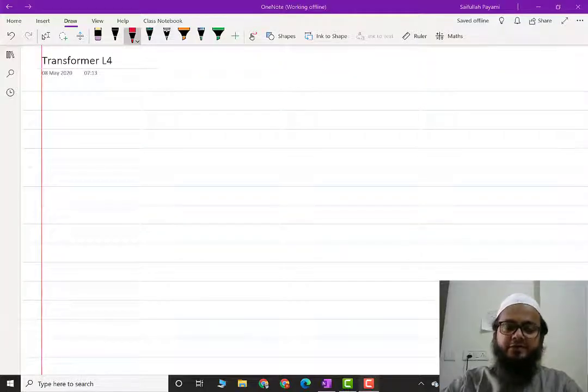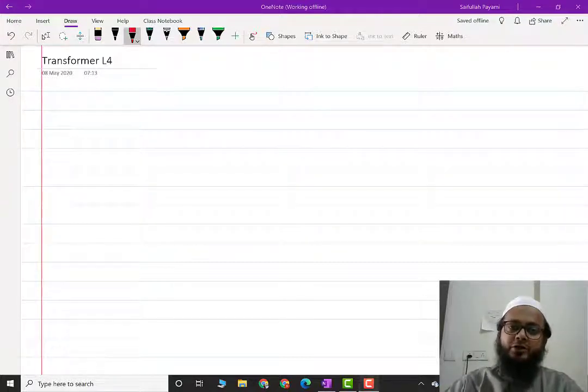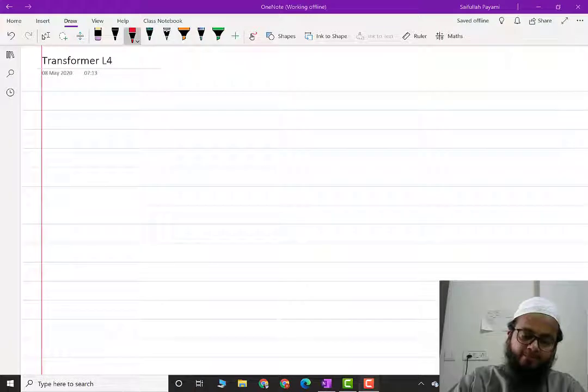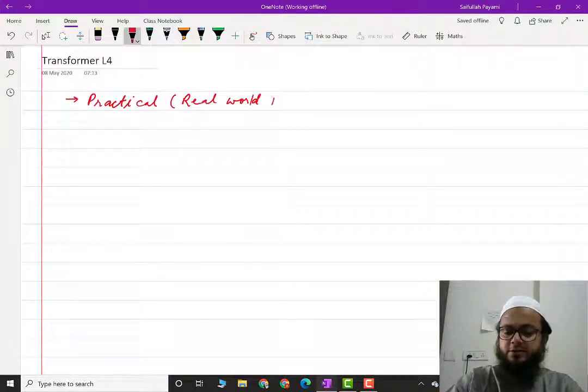So till now we have discussed the transformers, where we have considered the ideal cases, the ideal transformer. Today we will discuss a practical transformer, the real world transformer, and the equivalent circuit diagram of it.